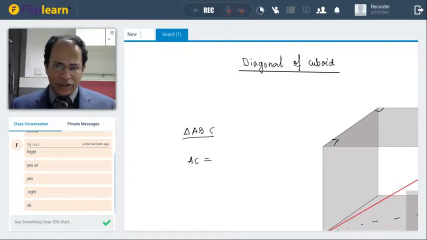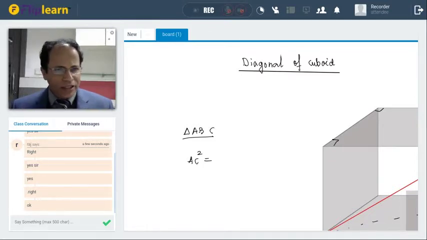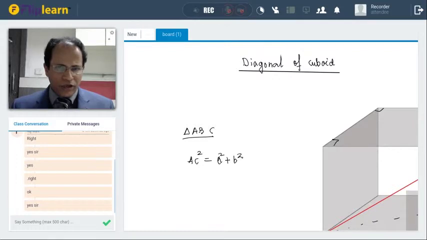First of all, let's write the Pythagoras theorem, AC square, fine. So AC square is what? We have L square plus B square, right? What is AC then? AC is nothing but under root of L square plus B square. This is what we have.